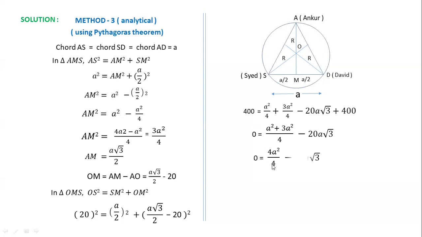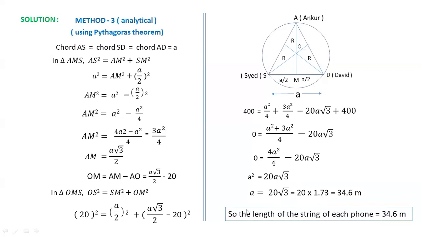So 4A square upon 4 minus 20A root 3. 4 cancels, so only A square will remain. You take this one, this side becomes A square is equal to 20A root 3. Divide both sides by A, it will become only A. A is equal to 20 root 3, that is 20 into 1.73, that is 34.6.